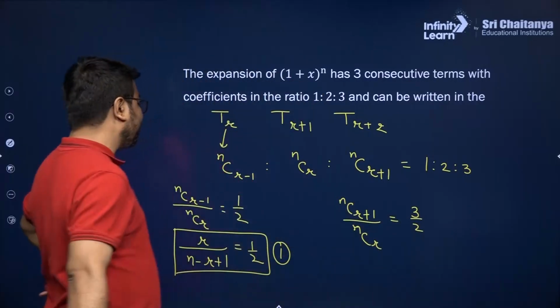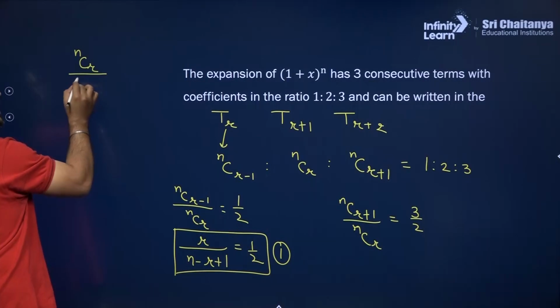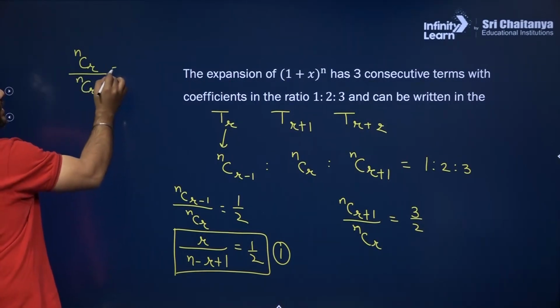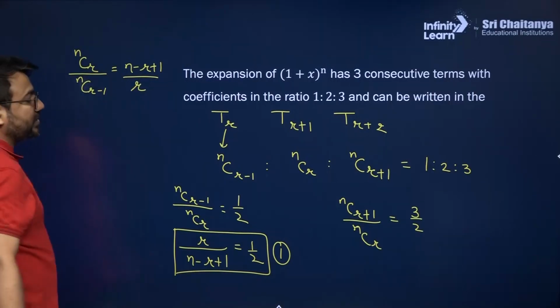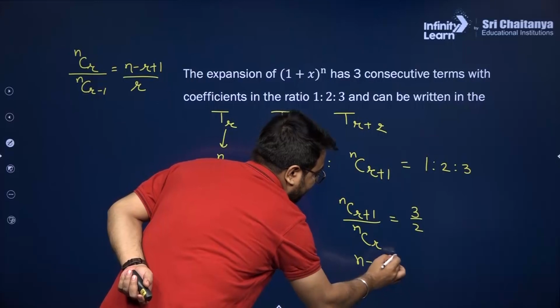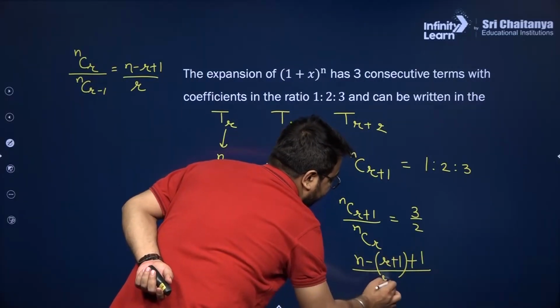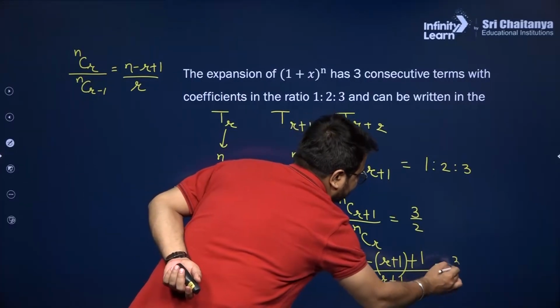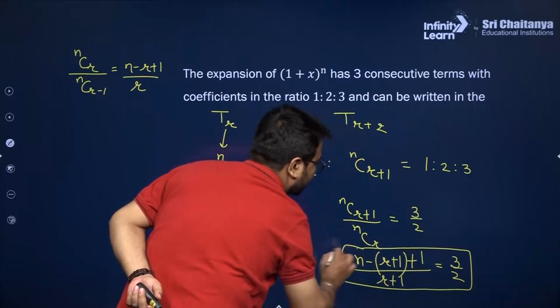So again apply this property. The property that I am applying here is nCr upon nC(r minus 1) is equal to (n minus r plus 1) upon r. So the same property I will apply here. Instead of r we are using r plus 1. So (n minus r plus 1) upon r, and here it will be 3/2. So this is equation number 2.